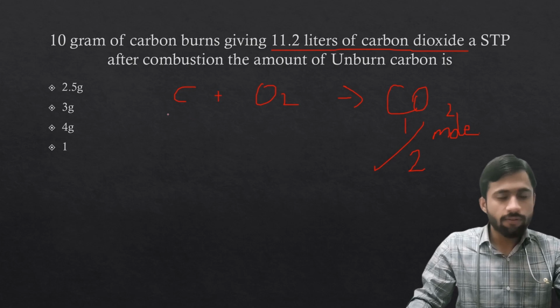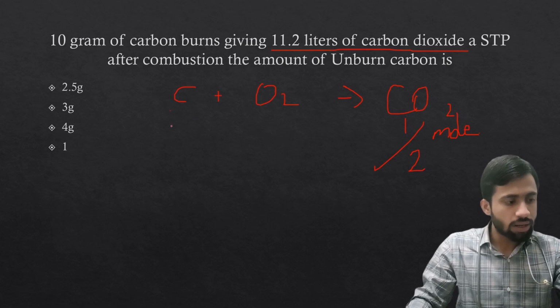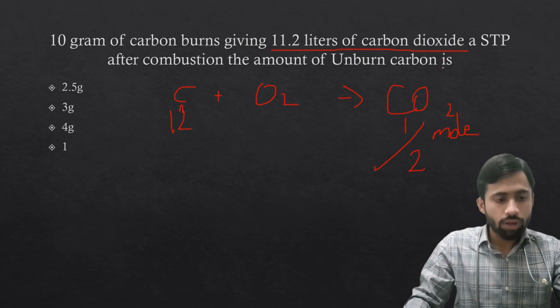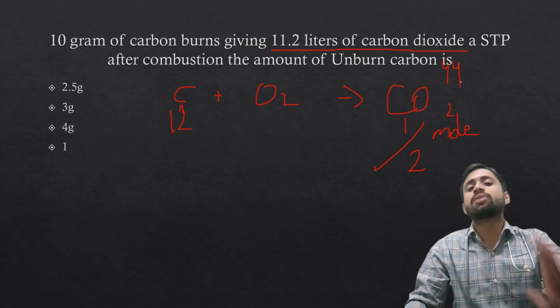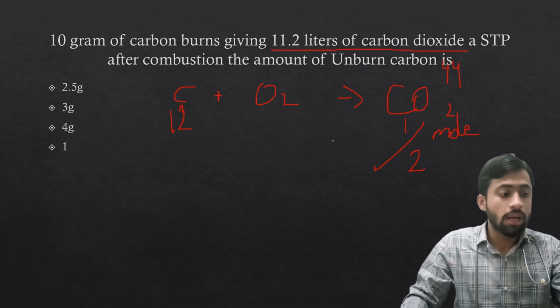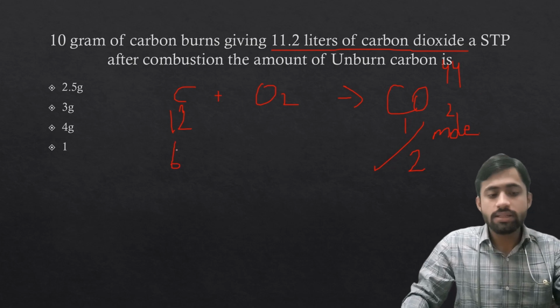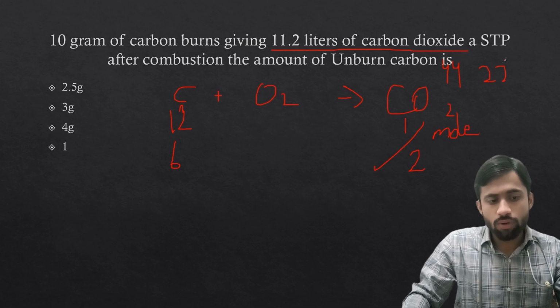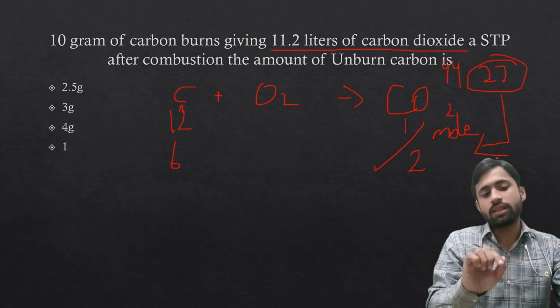So if 12 grams of carbon react with excess oxygen, then 44 grams, or 1 mole, of CO2 will be formed. If 6 grams of carbon reacts with excess oxygen, then 22 grams of carbon dioxide, or half a mole as given in the data, will be formed.